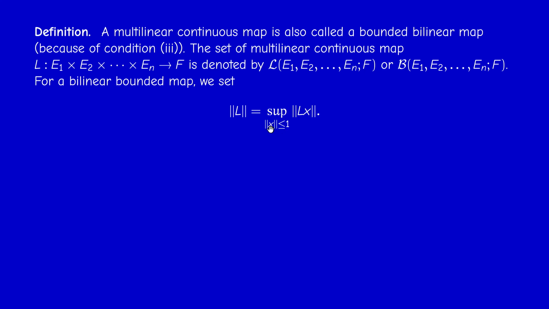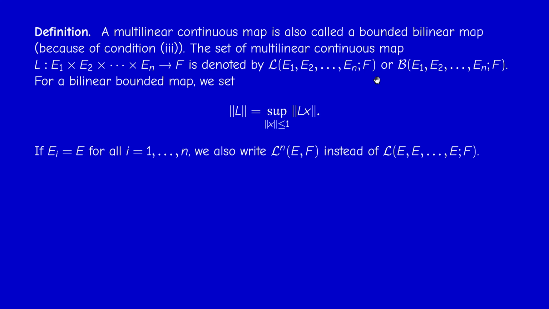Here x is an n-tuple, so it's a vector x1, x2, etc. And if E1 equals E2 equals En is the same space E, we write Ln of E; F instead of L of E, E, ..., E; F, n times. So this is the space of multilinear bounded maps with n variables, each variable belonging to E.